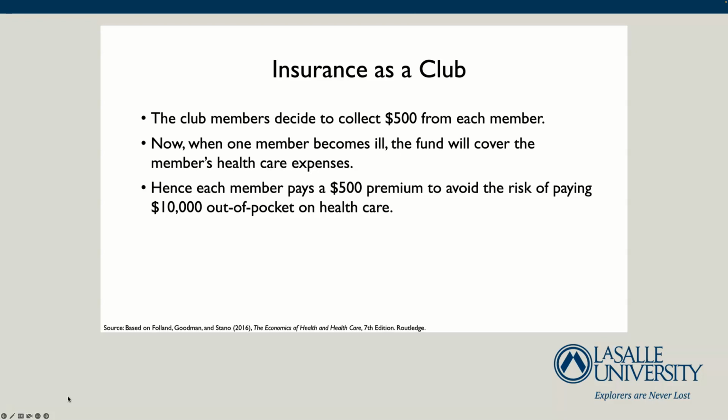In this sense, we've pooled the risk of incurring that $10,000 of out-of-pocket healthcare expense, and given that probability of illness and healthcare expenses bill, the actuarially fair premium for this club would be $500. And that is what's collected from each of the 20 members. That will lead to $10,000 in this fund.